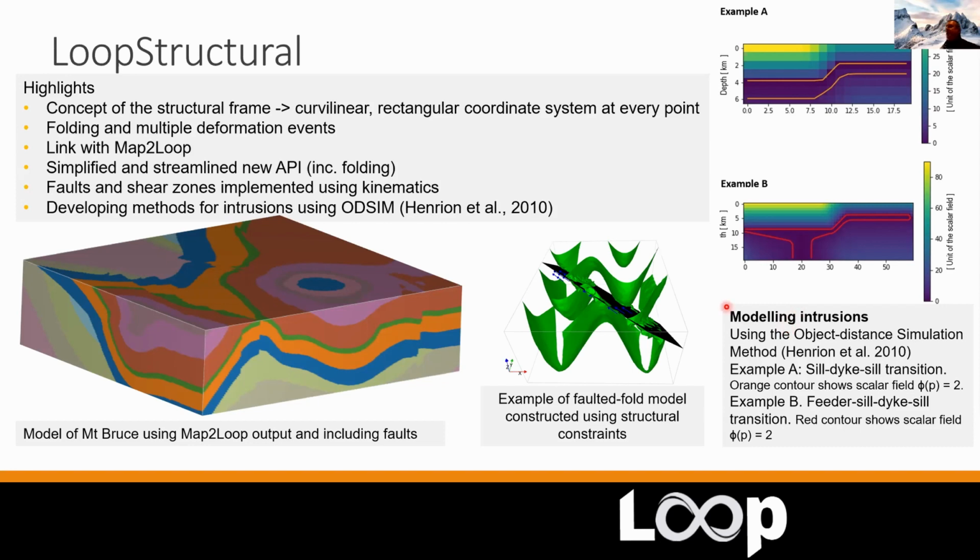We've also made progress on modeling intrusions, again, using structural frames. And this is the work of Fernanda Alvarado, doing a PhD at Monash with Lachlan and I. She's adapted a method developed by Ailleres in 2010 to simulate karstic systems. So the idea is to develop a skeleton, which will be in the middle of your intrusion.